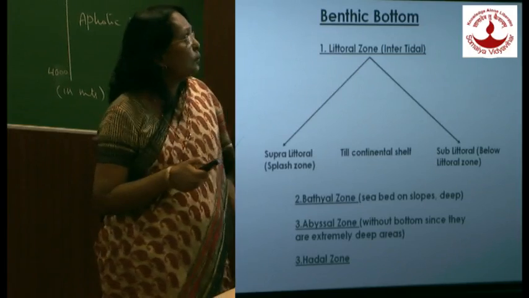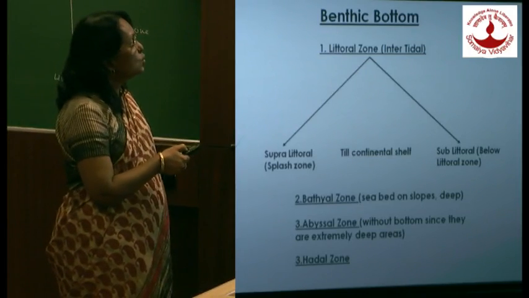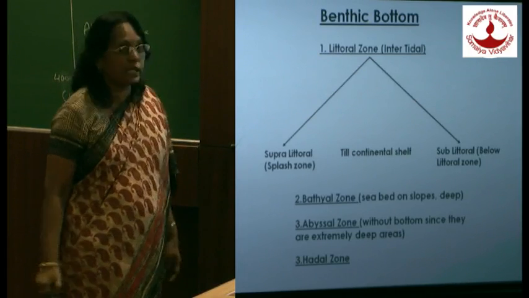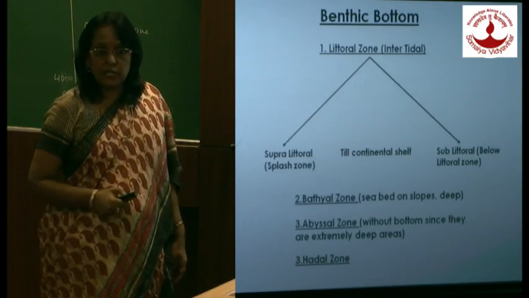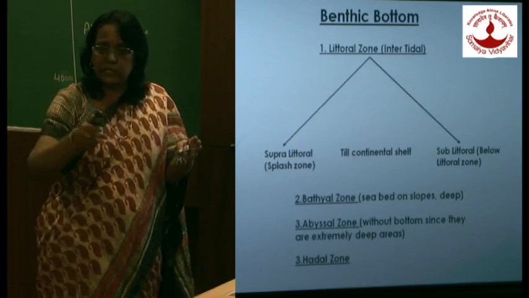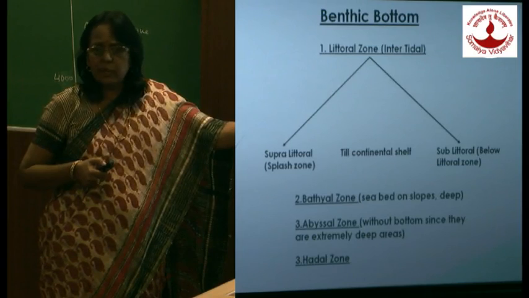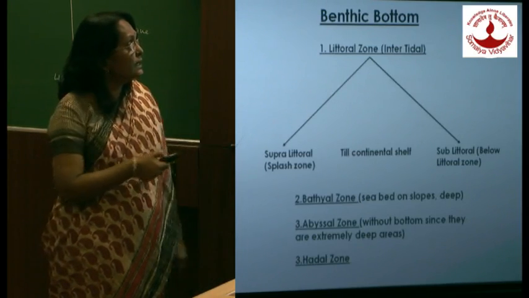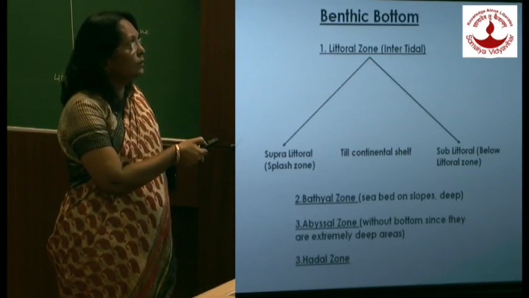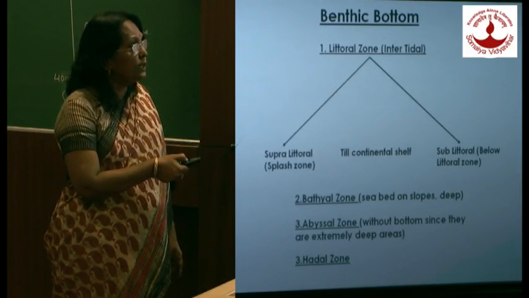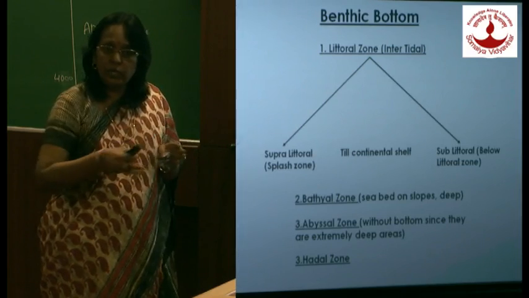Good. Now, first is supralittoral. Supralittoral is also called the splash zone, because when the tide comes, the water splashes to some distance. So from that distance, we call this supralittoral, whereas sublittoral is below the littoral zone.